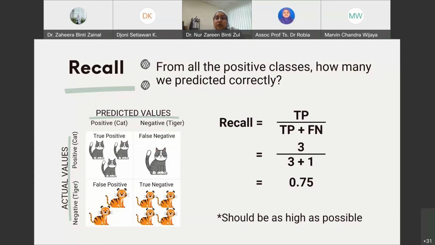If it doesn't, then you will release them. So in this case, maybe you would appreciate negatives more than positives because you don't want to wrongly put people in jail. So if you value true negatives more, then you will have another measure called specificity.